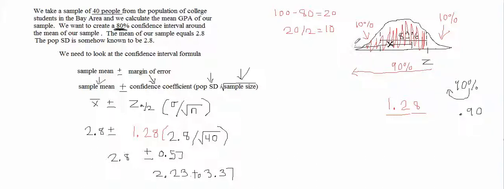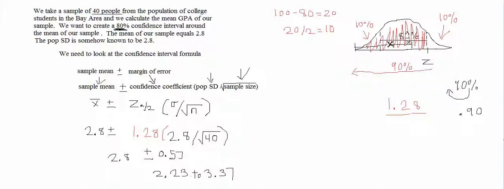And we'll be able to capture the population mean inside of our confidence interval. So it's a way of estimating the population mean by creating an interval or a span of numbers that the population mean should fall inside of.